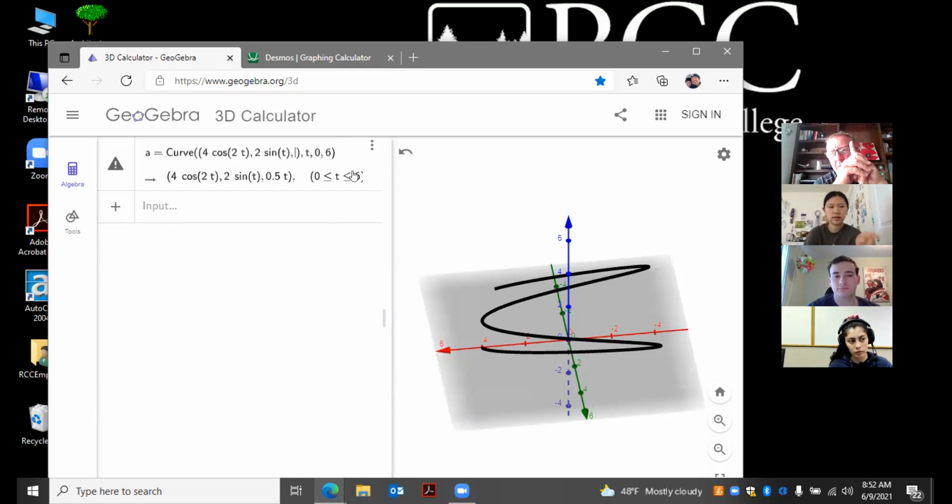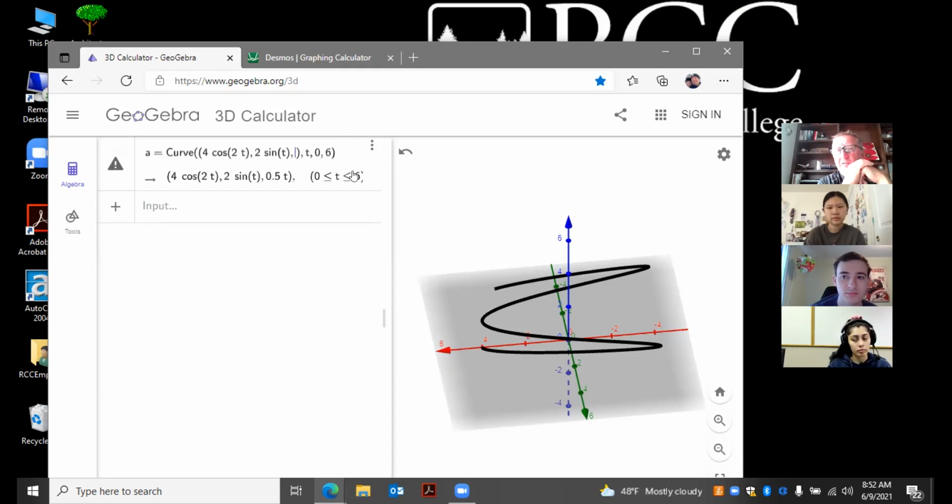So that means the first point that you graph is 1 up in the air. You see what I'm saying? And then T works its way to pi over 2. What's the cosine of pi over 2? That's 0. So it's actually going to start at a Z value of 1. It's going to follow the same parabola, but now it's going to work its way down to 0 by the time we get to pi over 2, right?